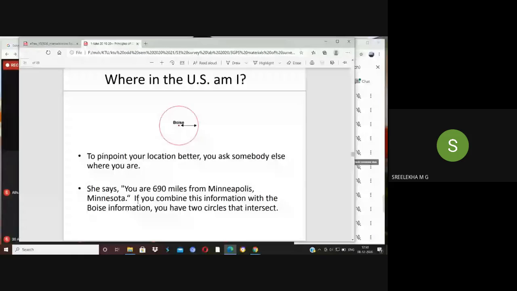With respect to that location, 625 miles means if we assume a radial circle or spherical area around that point, the person who is lost can be anywhere on that boundary. So this is the first assumption.